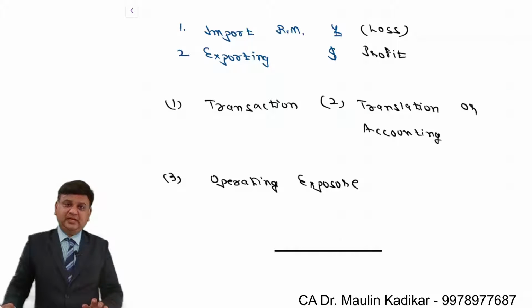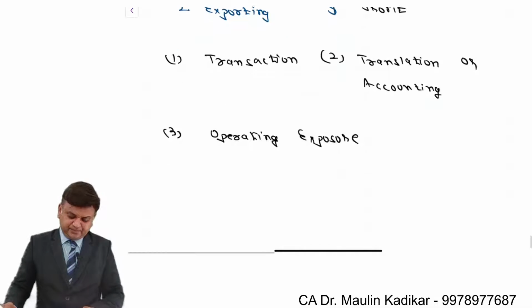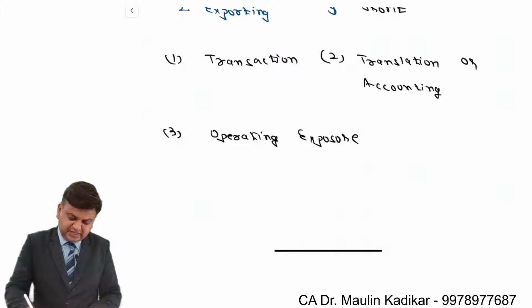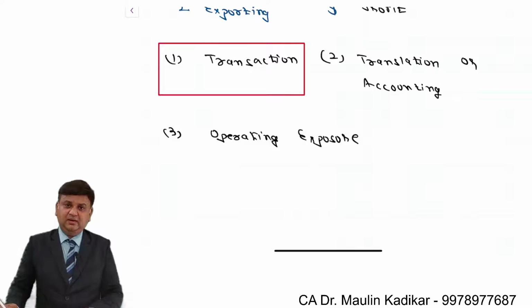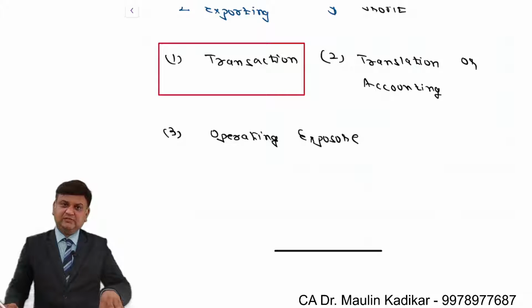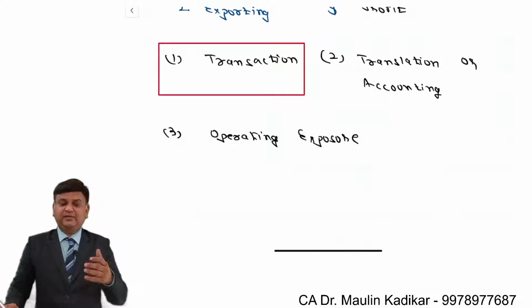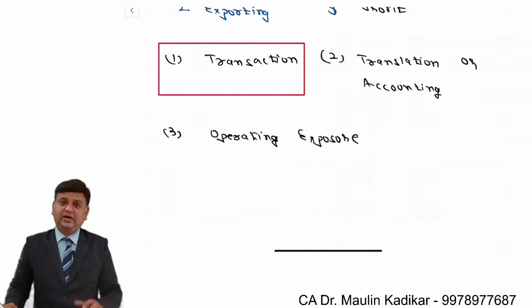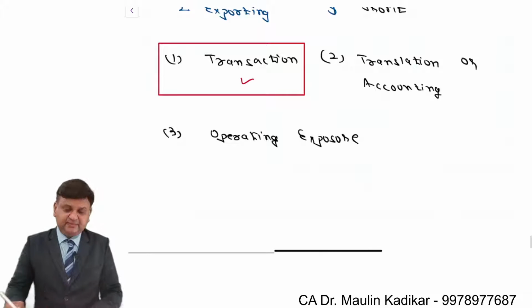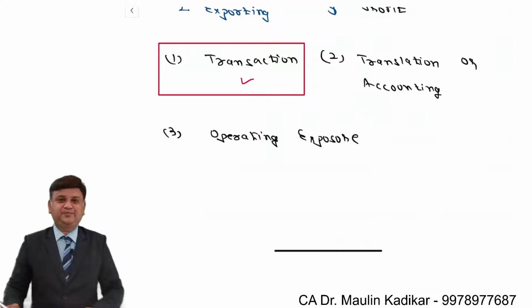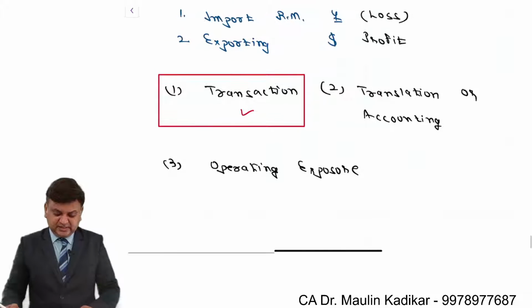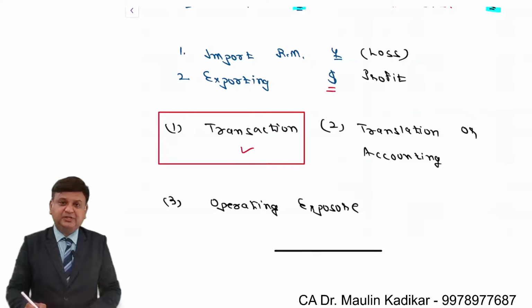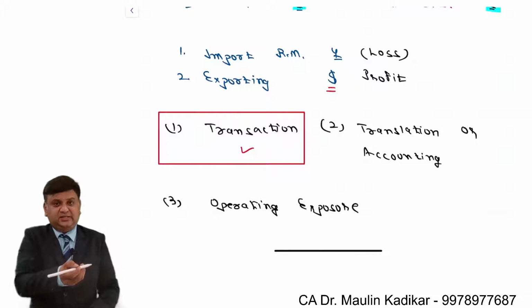Over here we understand something like this. Listen carefully. The change in the value of the receivable, and the change in the value of the payable, because of that whatever profit or loss you have in your transaction is given the name transaction exposure. In this example, the dollar currency appreciates and you have exported in that currency.